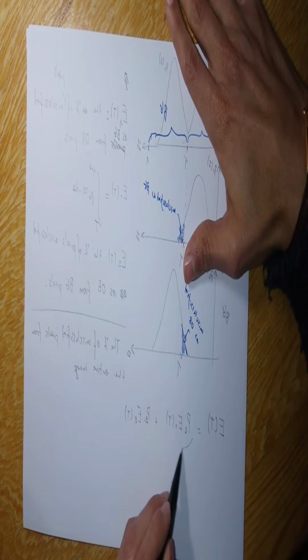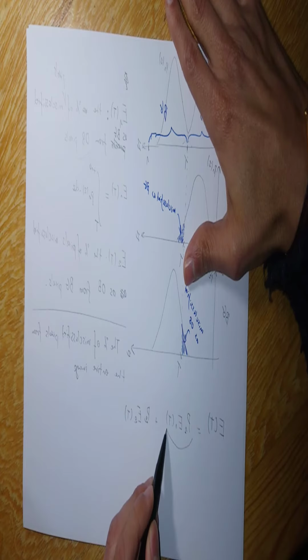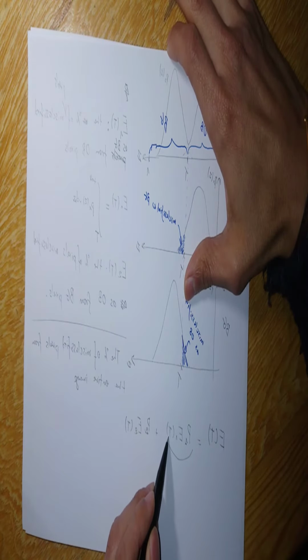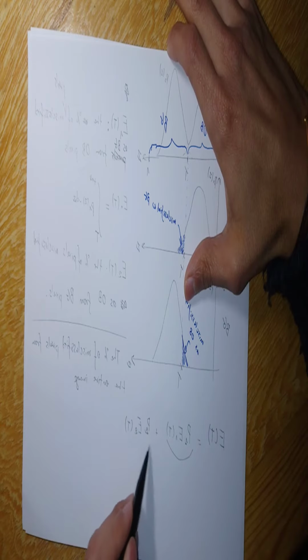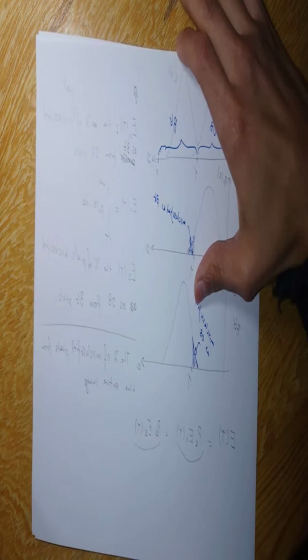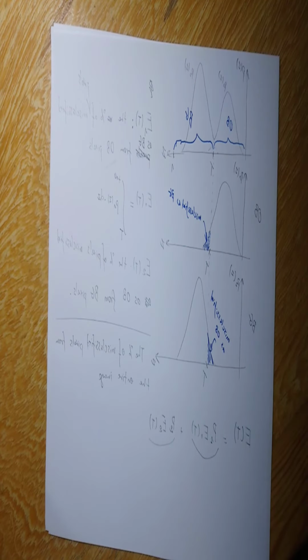So this term would represent the percentage of pixels misclassified as background from the entire image, and here I get pixels misclassified as objects from the entire image, and then this sum gives me the percentage of misclassified pixels from the entire image.